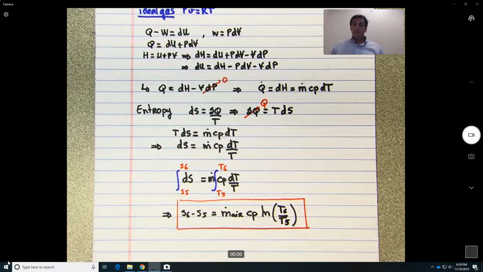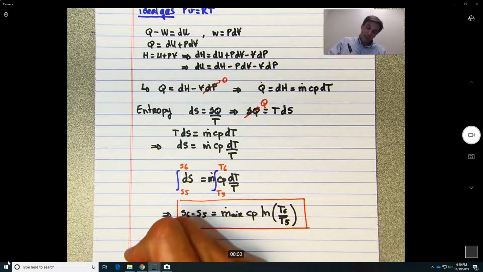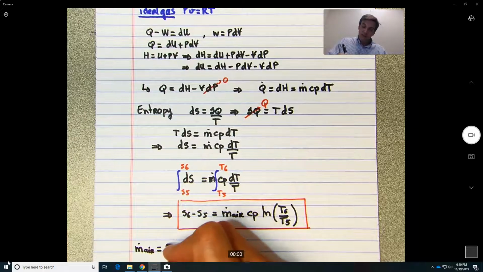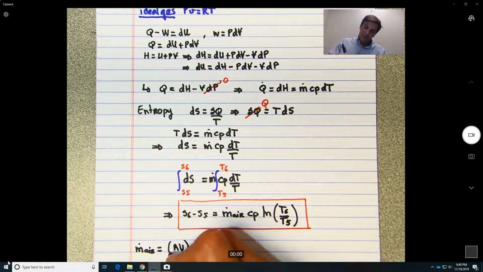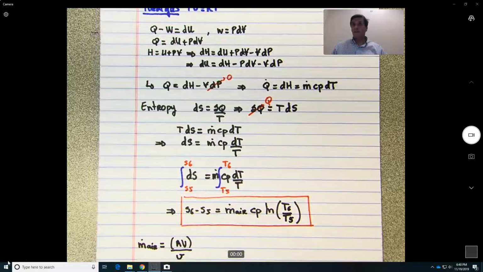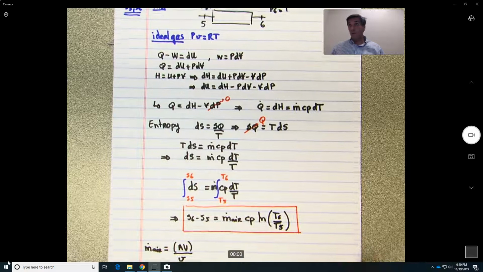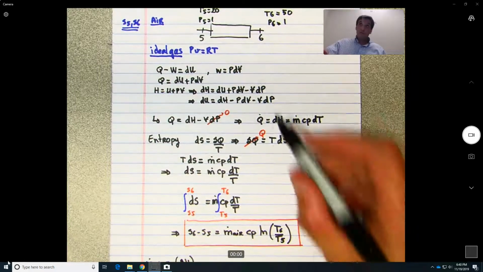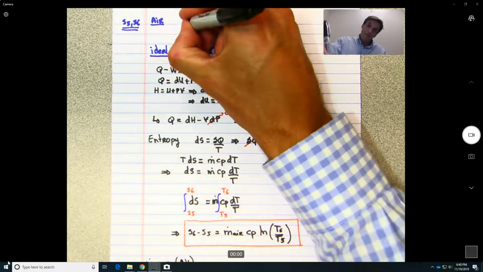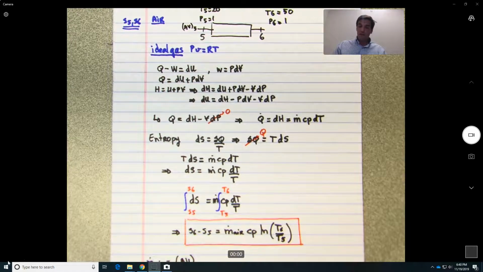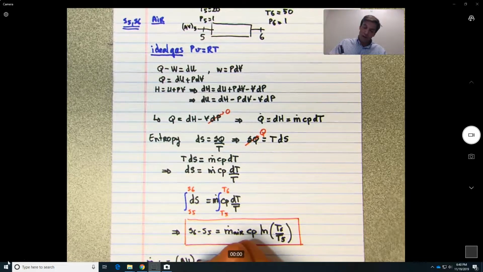Okay, so we need to find what is the mass flow of air. So what is the definition of mass flow? It is volumetric flow rate divided by specific volume. So over here in this problem is given to us the volumetric flow rate at 5. So we can say that the mass flow of air is equal to AV5 divided by v5.